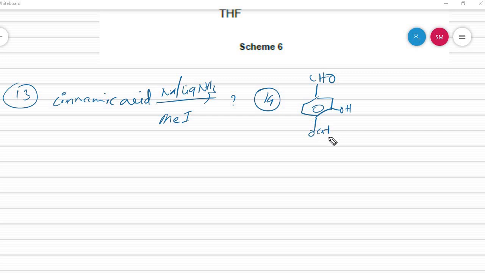This is the vanillin structure. This I treated with sodium in liquid ammonia and drops of methyl iodide. Next, 15. This is the most repeated question in many exams.